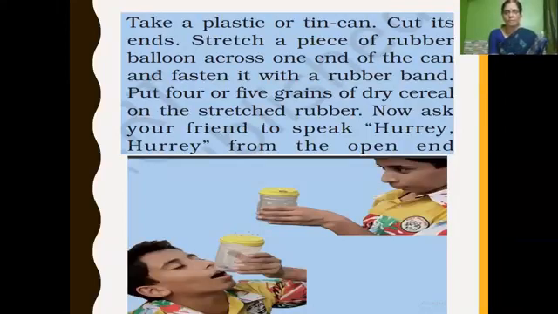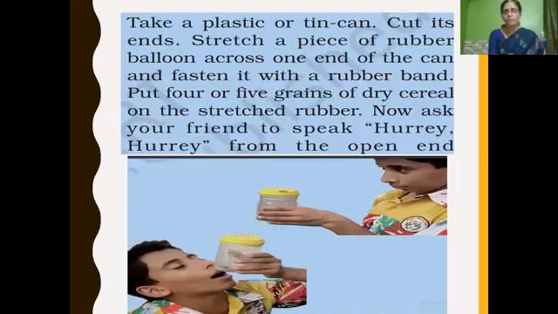You can see in the figure, that yellow one is a stretched rubber balloon, fixed at the end of the bottle by a rubber band, and on top of the stretched balloon you keep 4-5 grains.